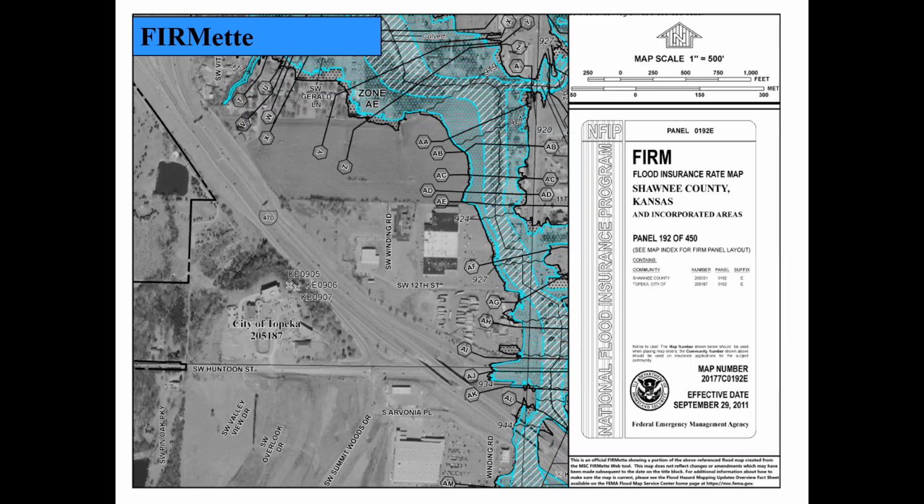And then you can see the border within that to the white striped area that follows the stream channel, that is the floodway. And then there's also a black outline, which is the shaded zone X on the outside of that, which is not regulatory, but it's nice to know these moderate flood risk areas. So anything within the blue borders is going to be considered in the floodplain.